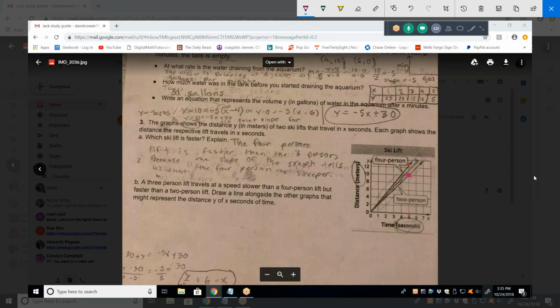So that answers A. Now, you actually came up with a very interesting solution that the slope is what matters. In other words, the steeper the slope, the faster it is. Because notice what speed is. Speed is meters divided by seconds. It's the vertical measurement divided by the horizontal measurement.